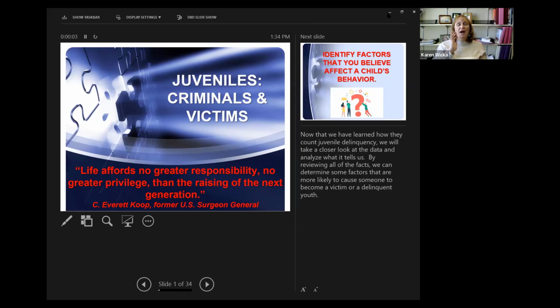By finding out what risk factors existed, maybe we can educate and provide counseling and mentoring to remove some of those risks from the juvenile's life, so then they won't become victims. So that's why it becomes an important study.